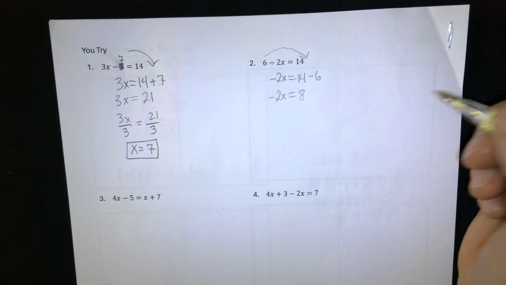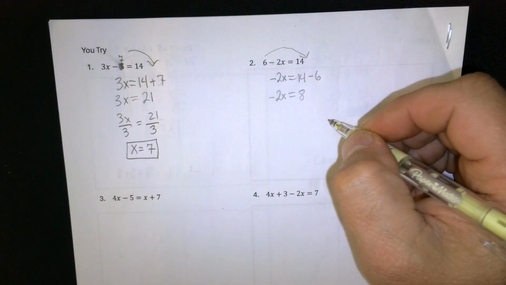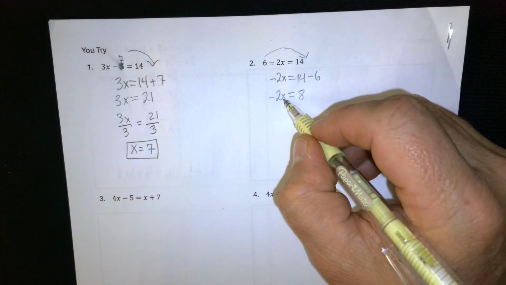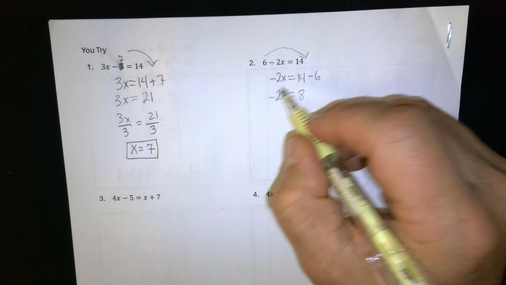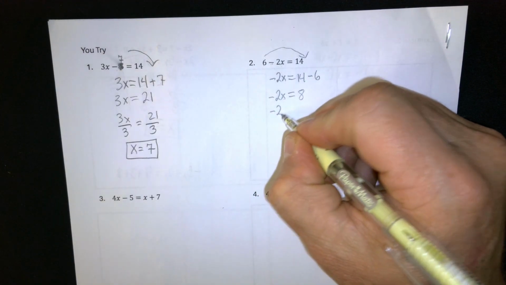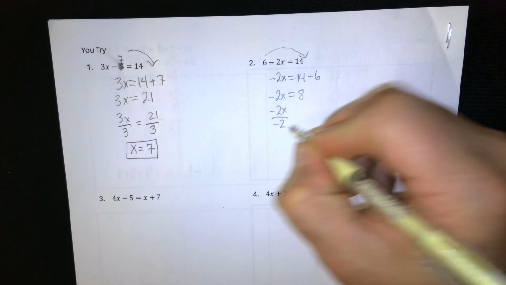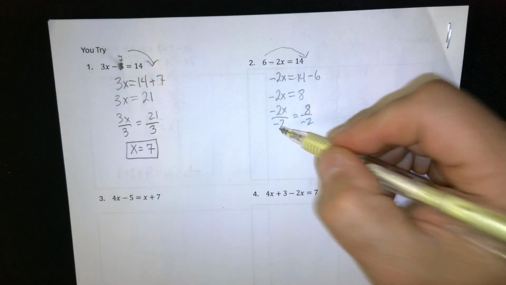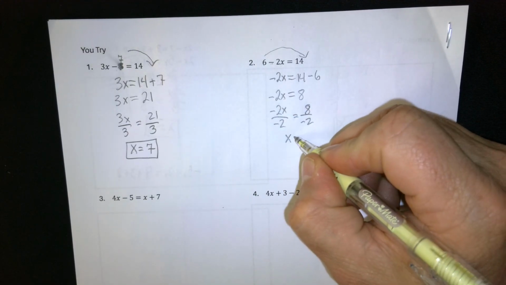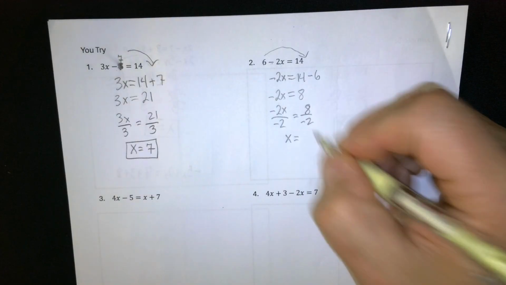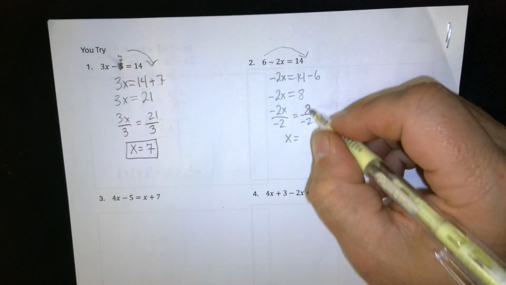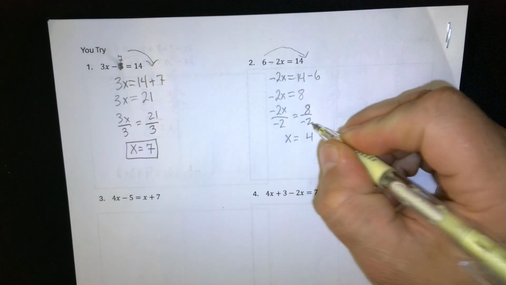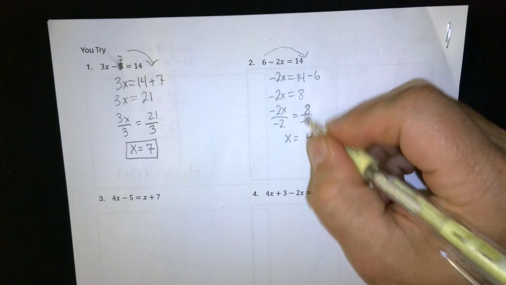Then we'll bring down the -2x, and now we're at the dividing stage, and we always divide by whatever's in front of x. If there's a -2 in front of it, we're going to divide both sides by -2. So those cancel, and I'm left with 1x, and then 8 divided by -2. 8 divided by 2 is 4, and there's only one negative, so there's nothing to cancel it, right?